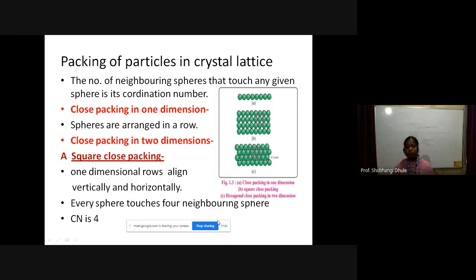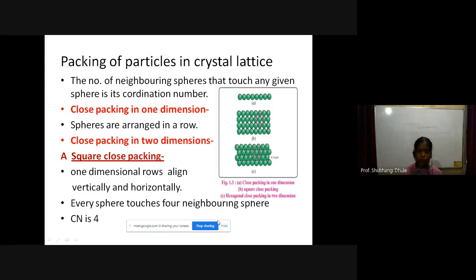Here the particles are considered as rigid spheres. So from the coming slides onwards, we are going to call each particle a sphere. This is all about the coordination number.